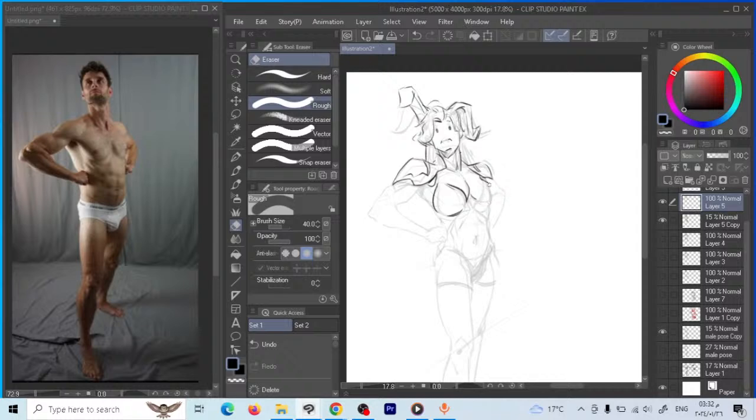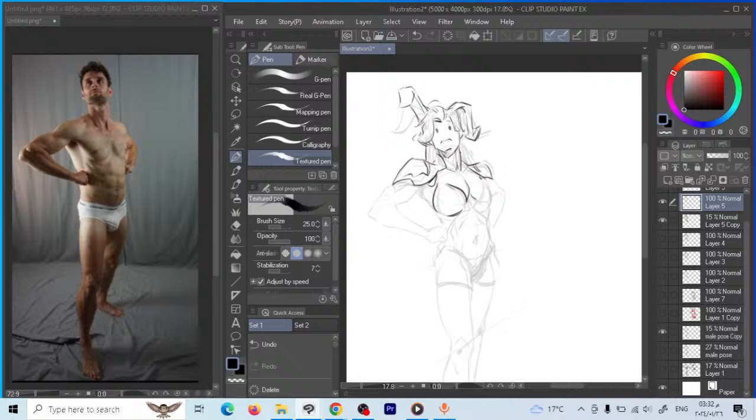What do you find it hard to draw when you're actually going for like a human body and so on?